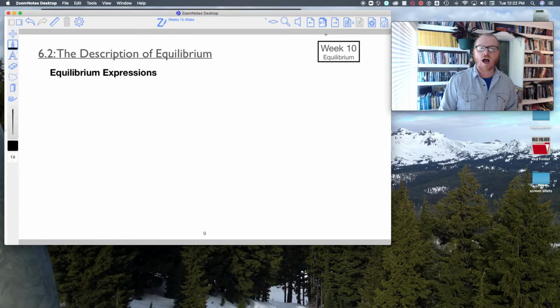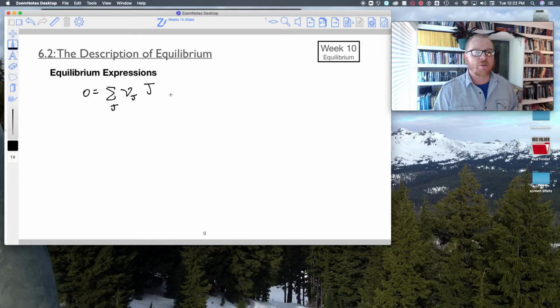So moving on now. We're ready to establish the actual definition of a chemical equilibrium expression. First I will establish the mathematical definition of a chemical reaction, which goes as the following. I'm just using consistent nomenclature from the book.